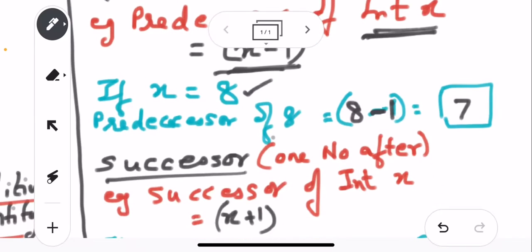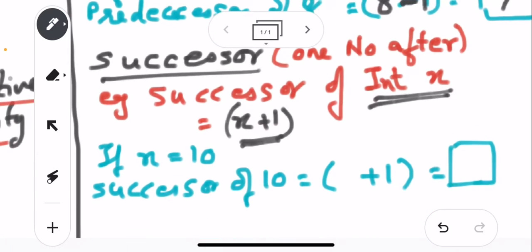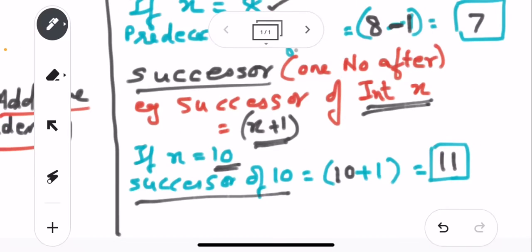For the successor, we add one number after. So suppose my integer is x, I add 1 to that number. If x is equal to 10, then the successor of 10 is 10 plus 1, that is 11. So this way you will be writing the predecessor and successor of any number.